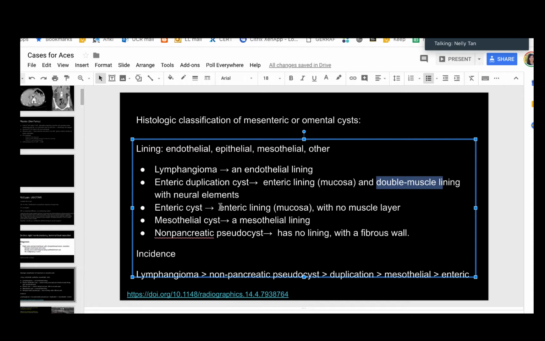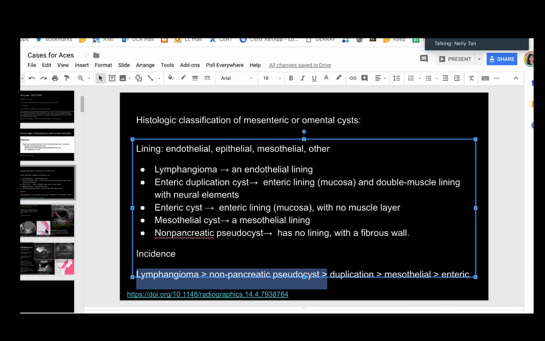An enteric cyst has an enteric lining without the double muscle lining, and there's a mesothelial cyst, and a non-pancreatic cyst. These are all benign. The most common, if you're going to list in your differential diagnosis, is lymphangioma and a non-pancreatic cyst, and the other ones are not as common as those two.